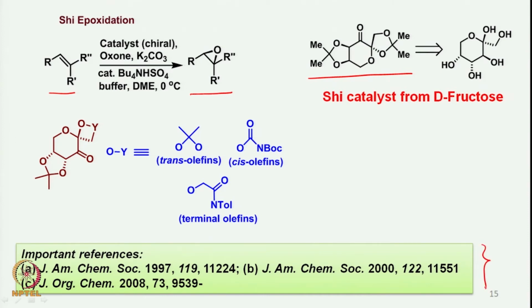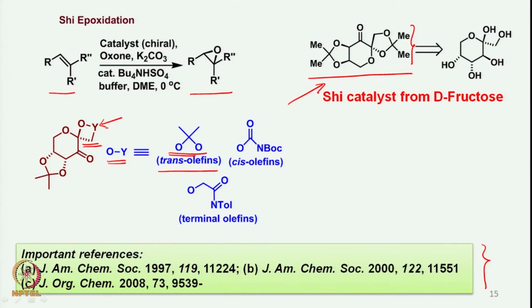What is found is that instead of this acetonide here, if we change the substituent here, say Y, if OY is this, which is what we have written here in this form, then this is useful for trans olefins.